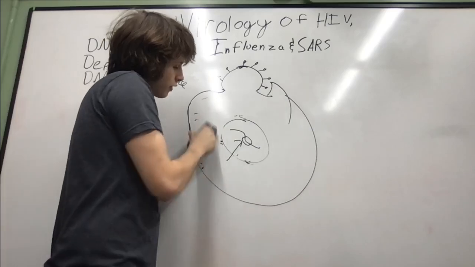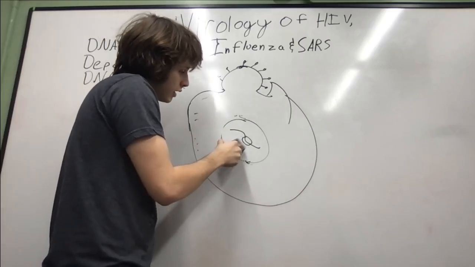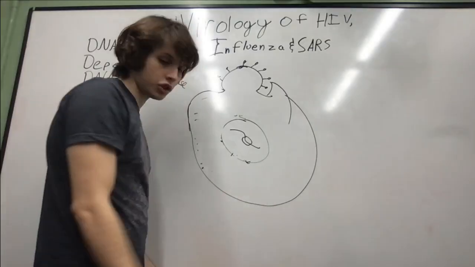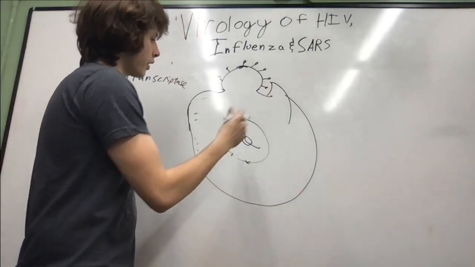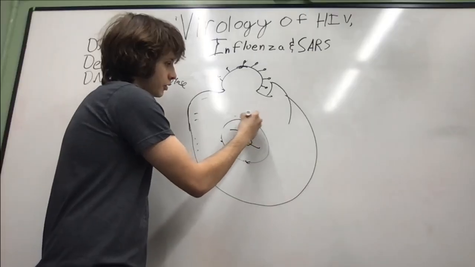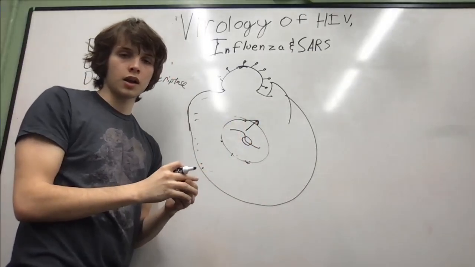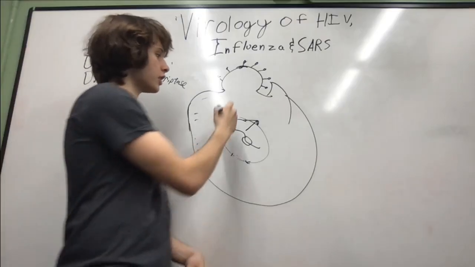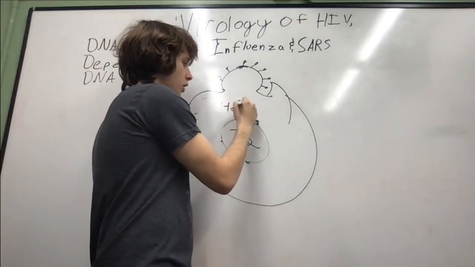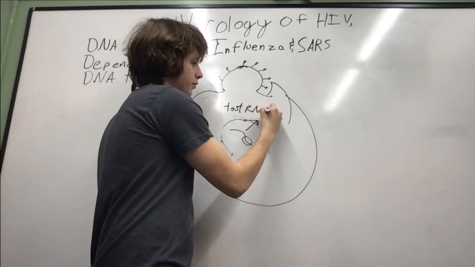So now that we have our viral DNA integrated with the host genome, another key thing about HIV is it doesn't have its own viral RNA polymerase. Instead, it uses the host RNA polymerase.